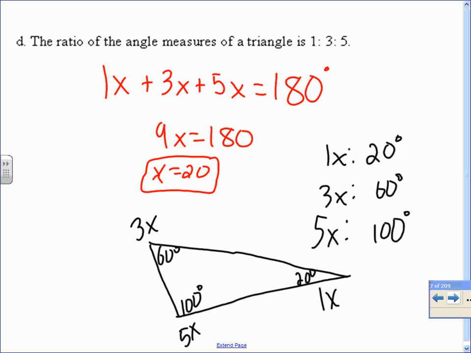If we were to set up a ratio of 1 to 3 to 5 and set it equal to 180, this all works out the same way. But when you have a ratio for a triangle and they're comparing angles or sides, the easiest thing to do is to set up an equation. Because if this is the ratio 1 to 3 to 5, 1 times something plus 3 times something plus 5 times whatever that something is has to equal 180.